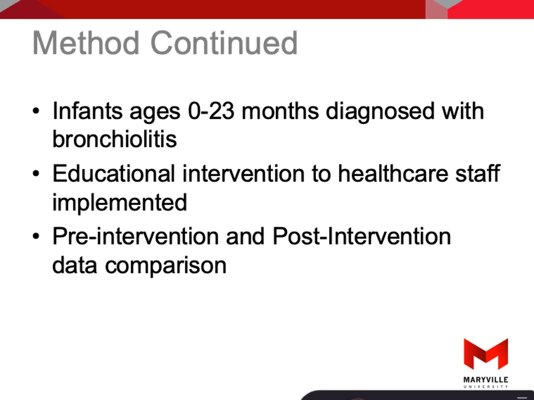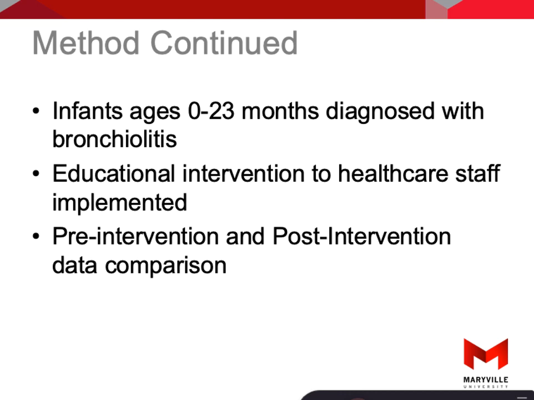The chart was closed and no data was obtained if the patient was 24 months of age or older, or if they presented with other comorbidities other than the bronchiolitis. If no exclusion criteria existed, the following data was collected. 1, did the patient receive bronchodilators? 2, the average PEWS score during the child's stay. And 3, the length of stay in days.